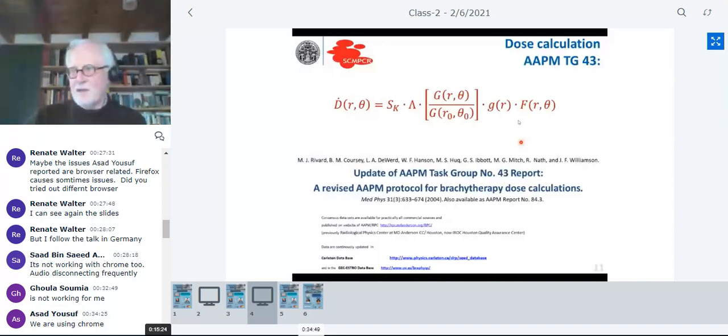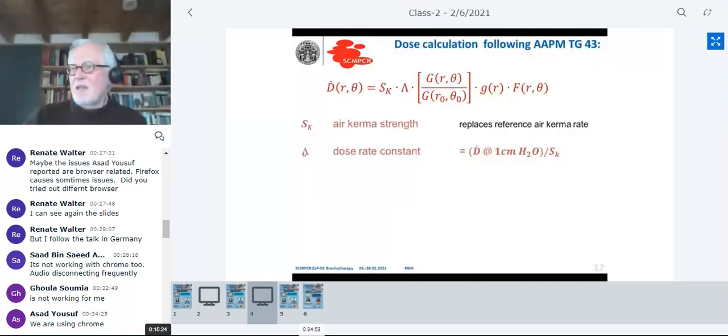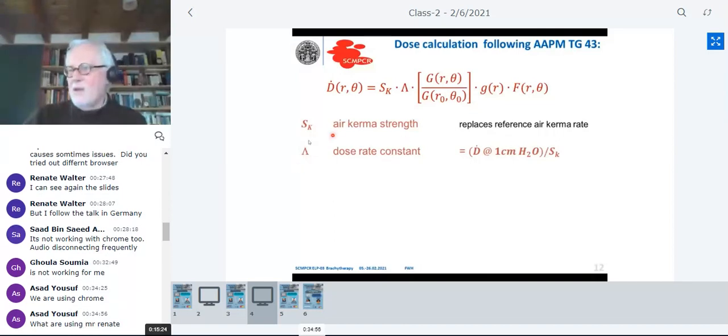Now TG43 does a second step. It introduces a new number here, the dose rate constant. Don't confuse this with the air kerma rate constant that I spoke about yesterday and at the beginning. The dose rate constant is the ratio of dose rate to water to air kerma strength at 1 centimeter distance from the source. And this is a number. This is the basic number. Now this is different than what I just showed you.